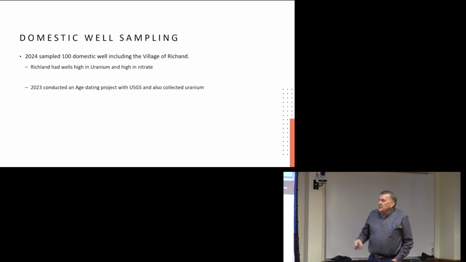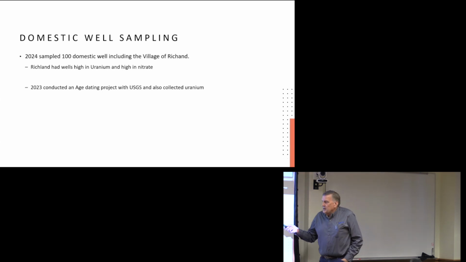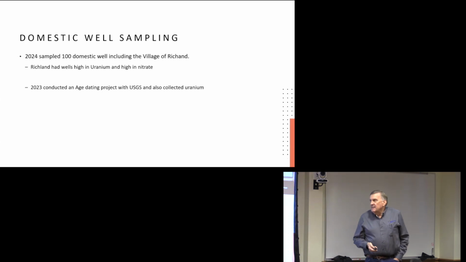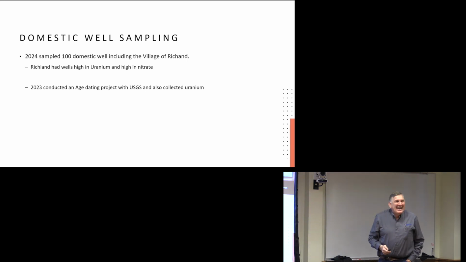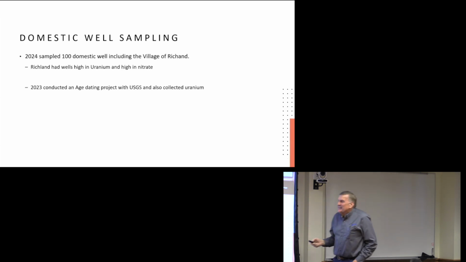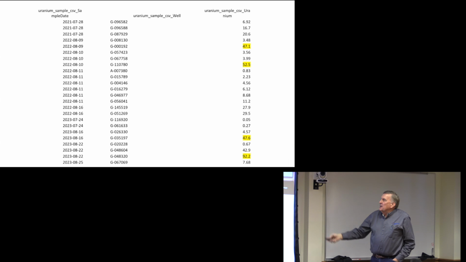We're also doing an age dating project with USGS, and we also collect uranium at that time. I just found out yesterday that we finally got results. That's what I've been doing all week. So this is the uranium from our sampling.